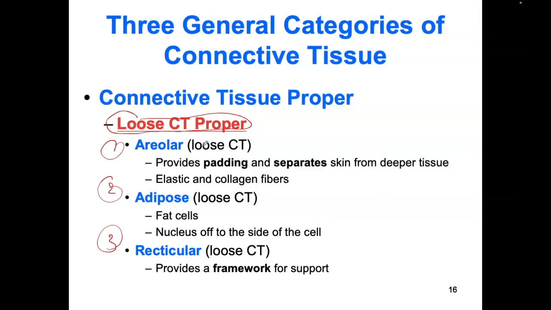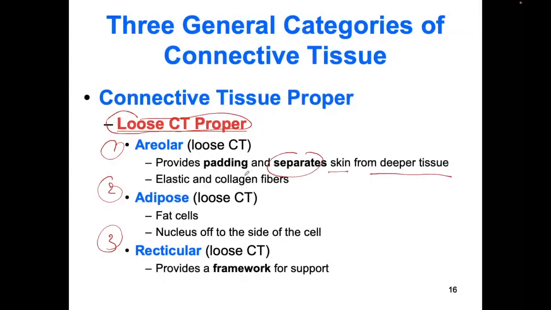Now, areolar is the layer that's going to separate your skin from the deeper tissues. Like if you pinch your forearm, you can pull away and separate your skin from the muscle that's lying deep to it, right? When a massage therapist is working on you and doing soft tissue manipulation, it's that areolar that creates that separation between what's above and what's below.